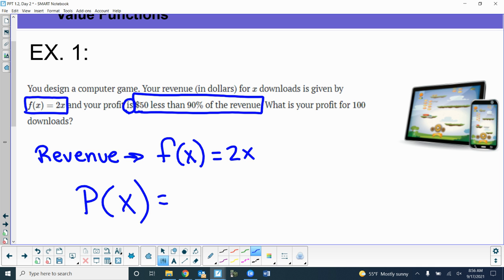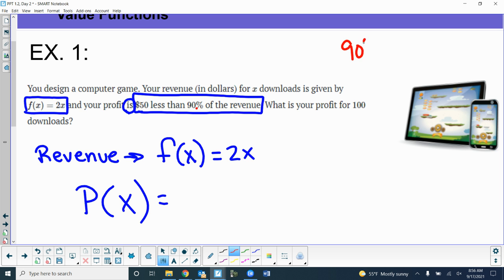50 less than 90% of the revenue. So 90% of the revenue, how do I write 90% in an equation? 9/10 or 0.9, right? The decimal point is here, and you're moving it 2 to the left. It means 90 out of 100.